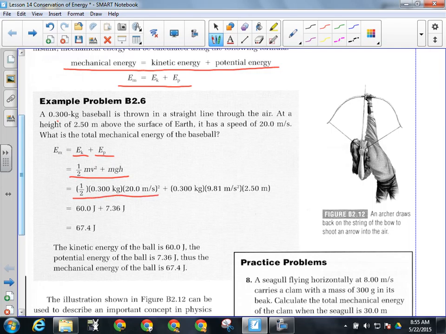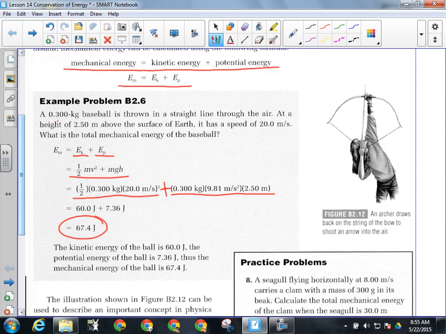Okay, and then I'm going to add that to its potential. They told me it's 2.5 meters above the surface of the Earth. So mass, 0.3 times g, 9.81 times the height. And then I add those two together, and I get that the total mechanical energy is 67.4 joules. Okay? Everybody pretty clear on that one? Okay, and that's pretty easy stuff.